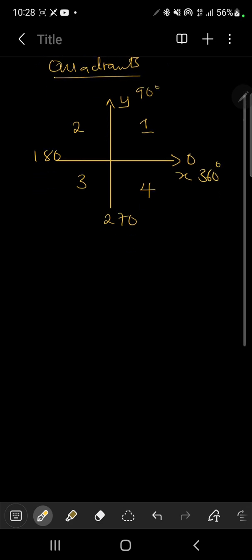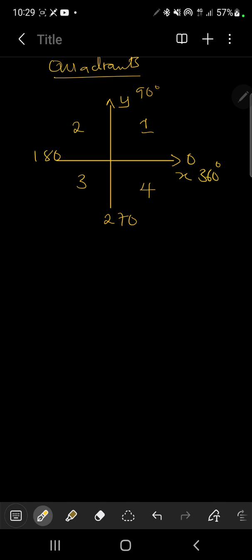The way each trig function behaves in these quadrants differs.